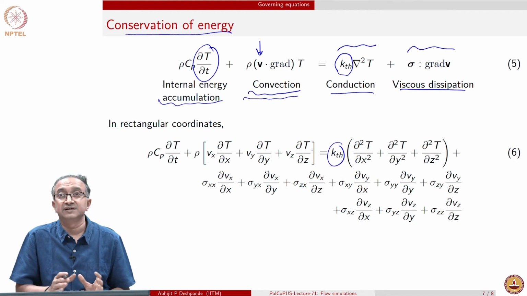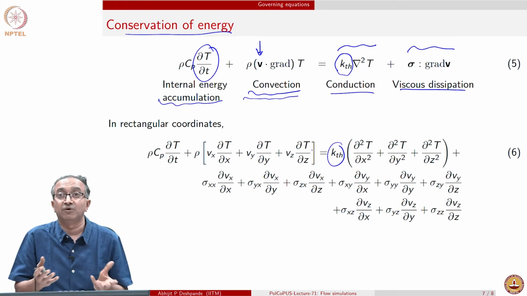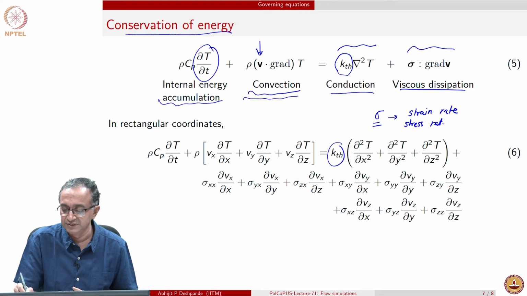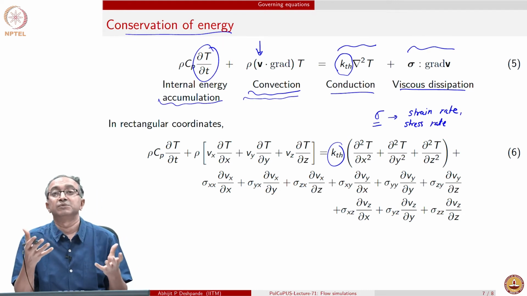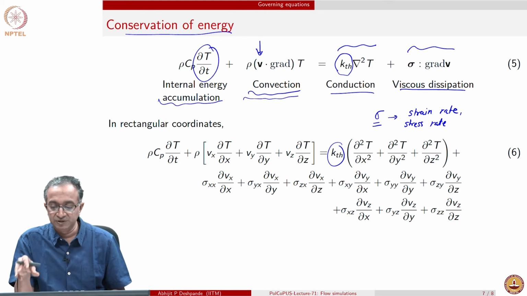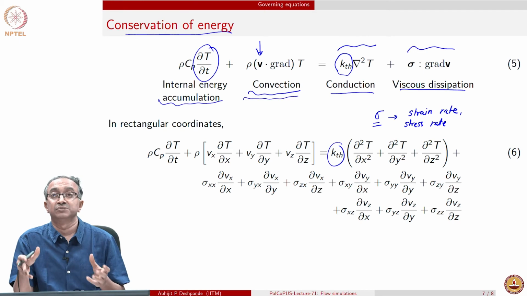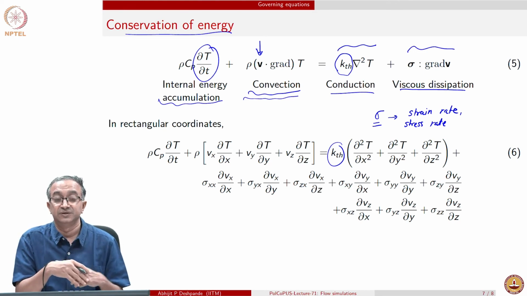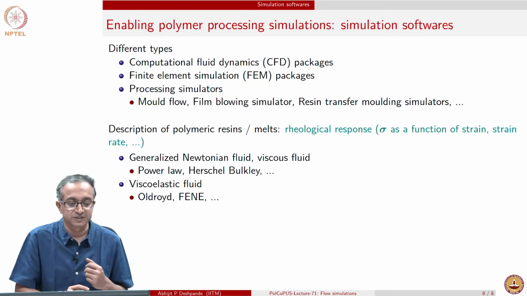And notice that this is an energy equation which is valid for all polymers, but we will have to choose a particular sigma and how it depends on strain rate or stress rate and variety of other variables to decide simulations to carry out. And depending on the assumption of each and every polymer, sometimes we can say that look, I will assume a certain type of fluid and then just get a preliminary assessment using a simulation. So, all this is possible.